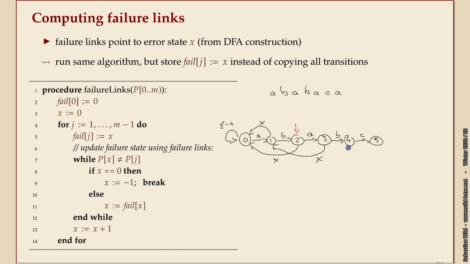And hence the failure link for 4 would have to go here. Okay? That way you can construct these, and that should match what the algorithm here does. It keeps track of the state X, always remembers this in this fail array. The failure links now are a single array. And then you always make one step.